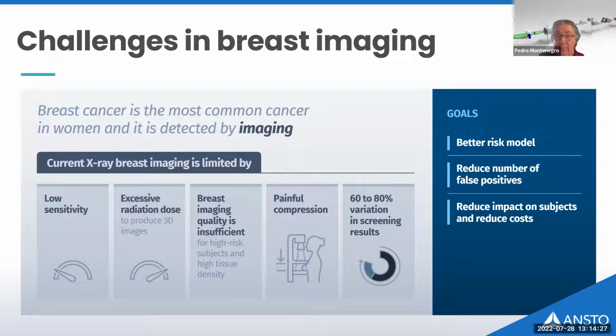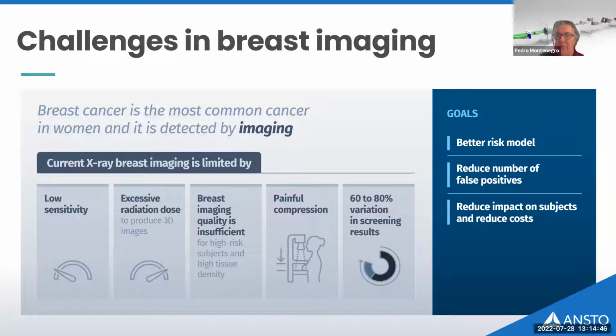The quality of imaging is often insufficient, especially in the case of high-risk subjects and high tissue density. So especially in younger women where the tissues are high density, it is difficult to get very good images that give the information we are after.